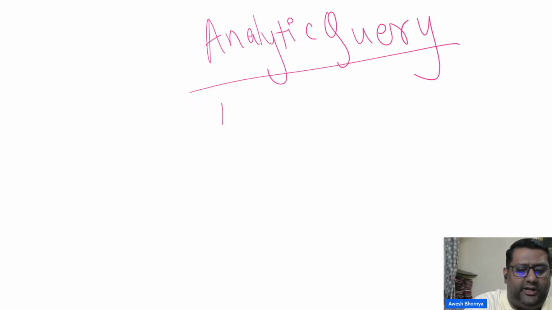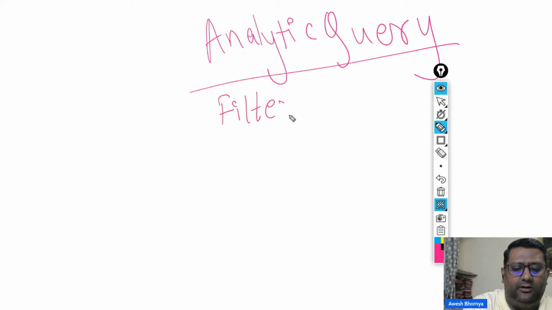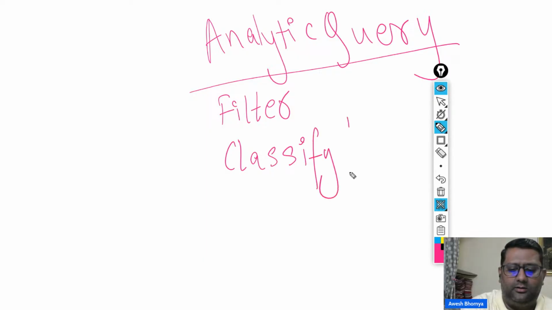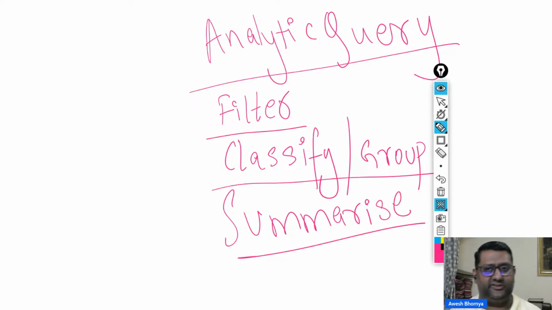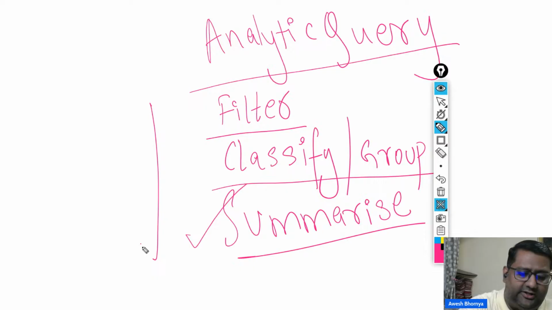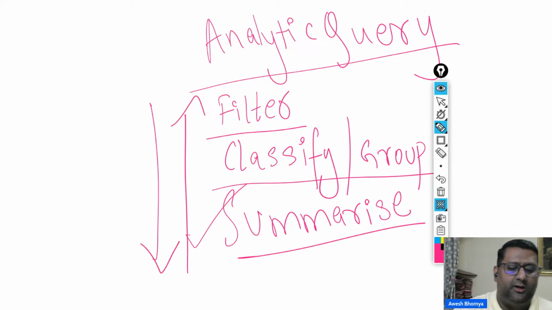In the analytic query, you start off by filtering the data, then you classify or group your data, and then you summarize your data. Right now we've started off by summarizing. You can go from filtering to summarizing, or from summarizing to filtering, whatever you are comfortable with.